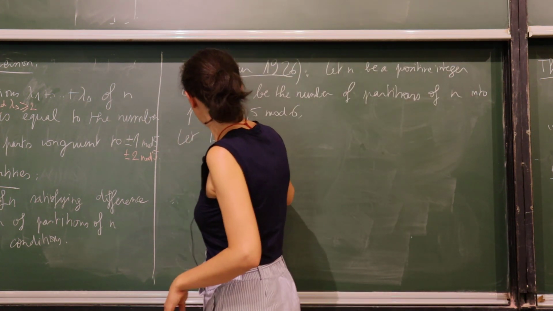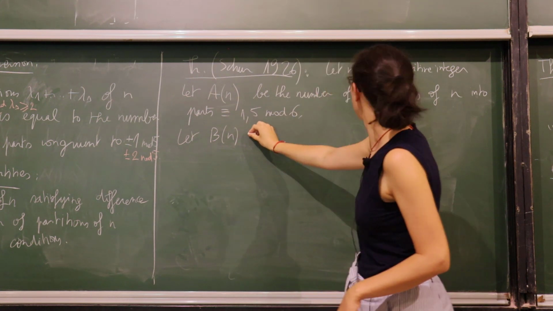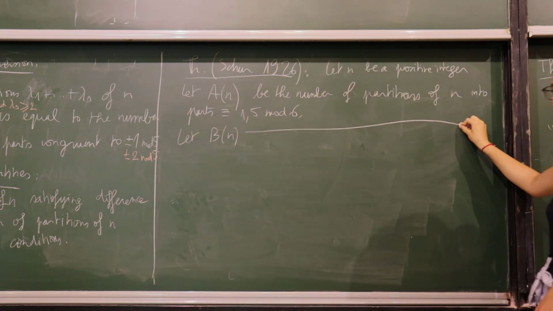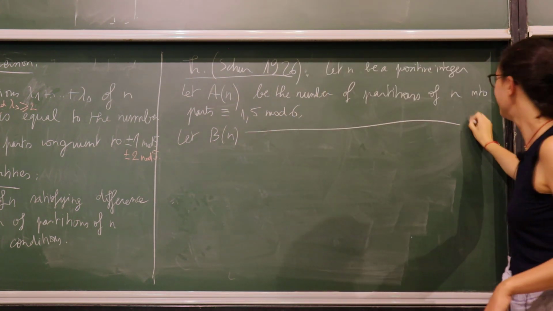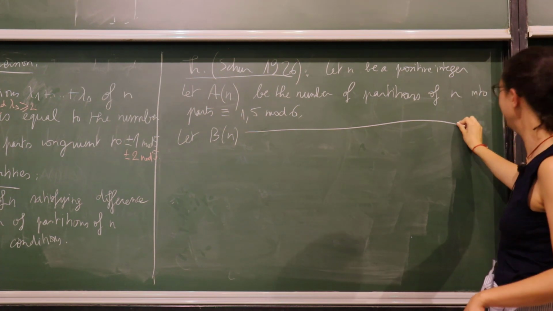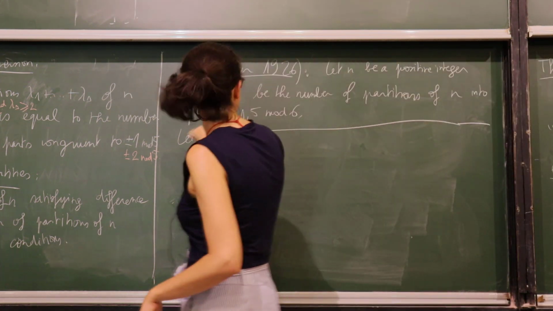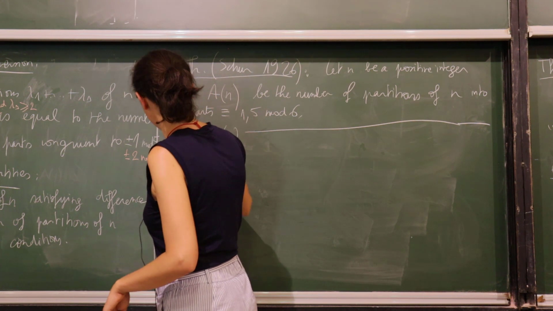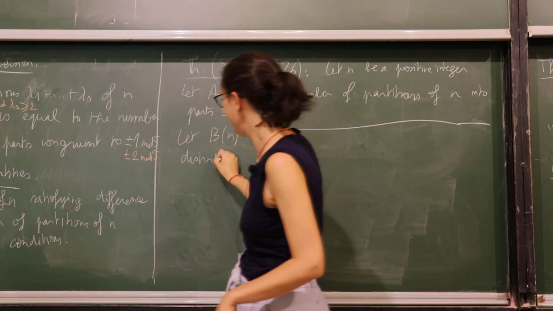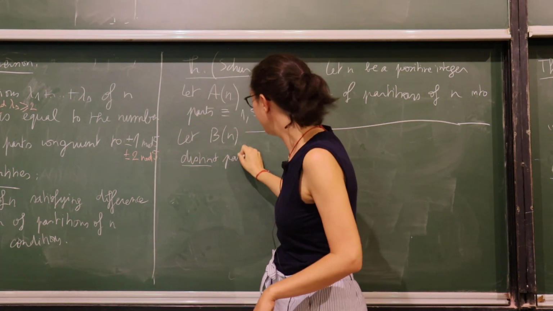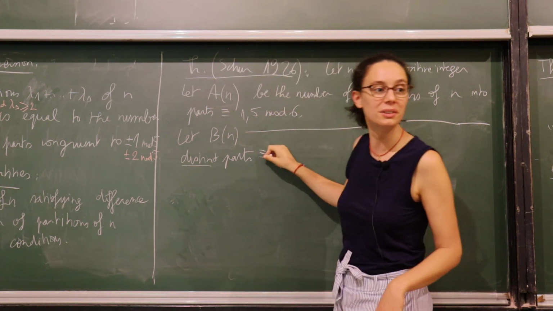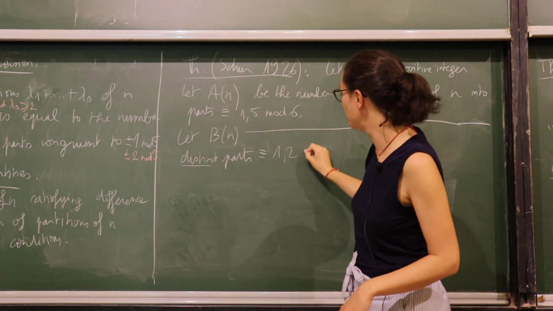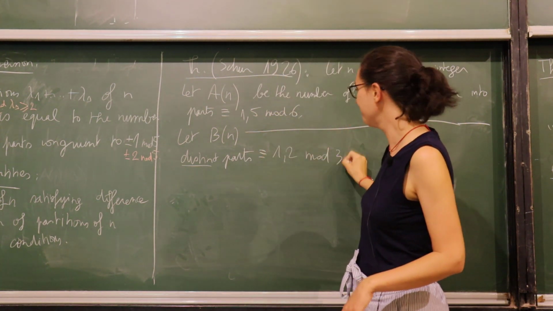Let B of n be the number of partitions of n into distinct parts this time that I cannot reuse. So the distinct is important. Distinct parts congruent to 1 or 2 modulo 3 this time.